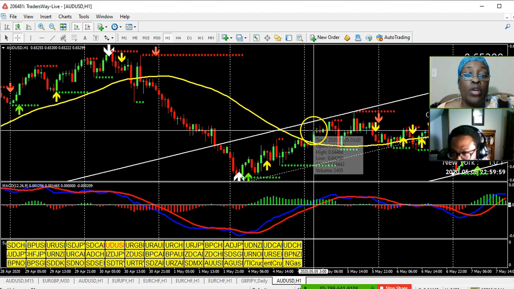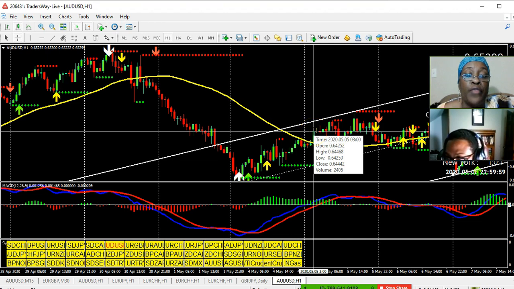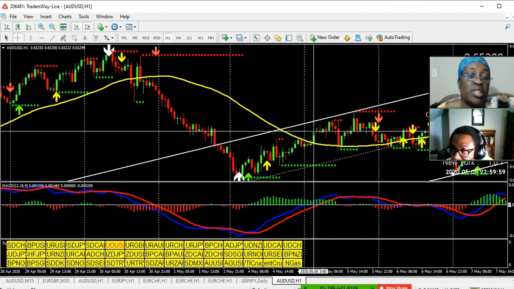Okay. So now this would be the candle that closed above. Now, when the candle closes above the 50, the first thing we're going to do is look left for the previous support dots, immediate left, right? We want to determine if the candle closed on a support or resistance dot, as well as the trend line.